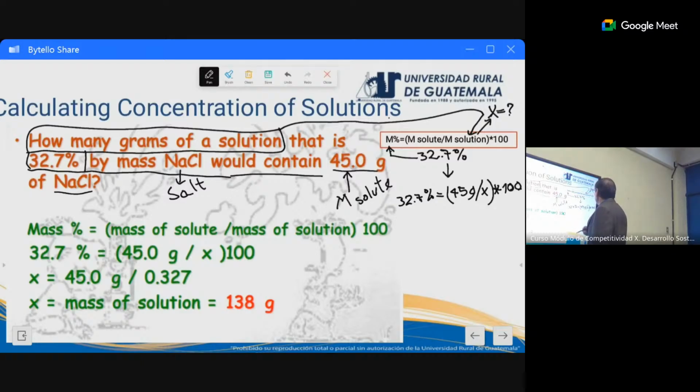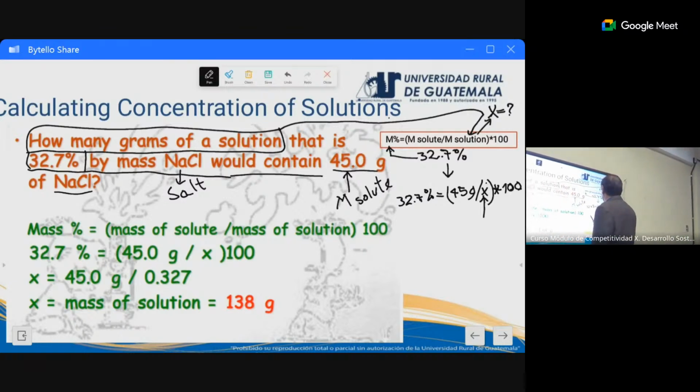Okay? Now we need to clear the unknown quantity here, and how can we do it? We pass this X from right to left. It is dividing from the right, so we're going to pass this X, multiplying, to the left side of the equation.